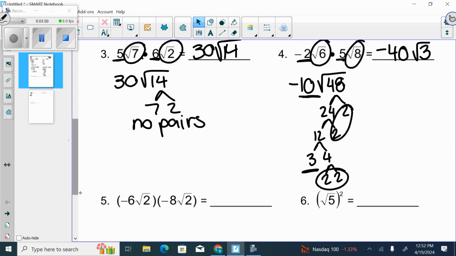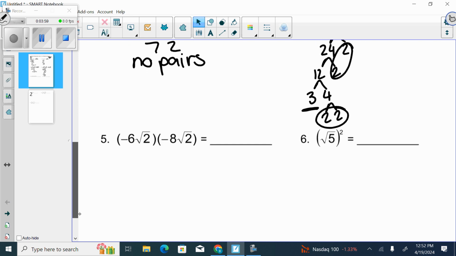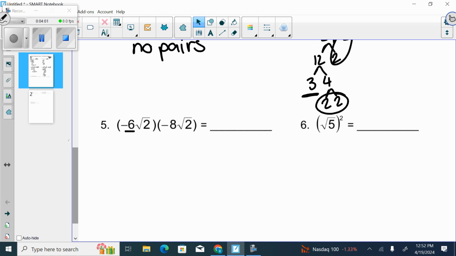Right? Okay, number 5 is the same thing, just instead of putting the multiplication dot, they put parentheses, but exact same thing. So, I multiply the numbers in front first, right, positive 48, and then underneath next, 4. Okay.